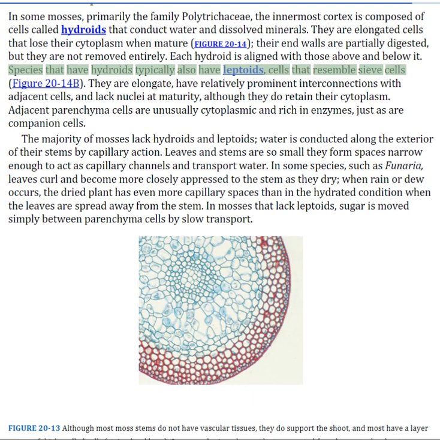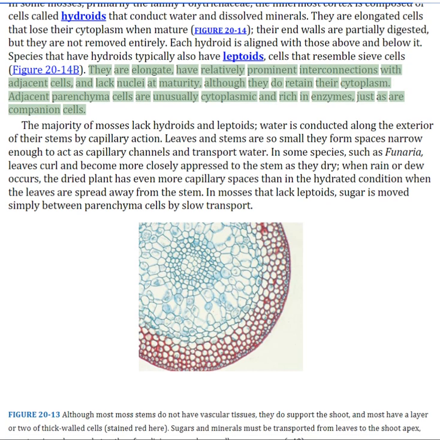Species that have hydroids typically also have leptoids, cells that resemble sieve cells. They are elongate, have relatively prominent interconnections with adjacent cells, and lack nuclei at maturity, although they do retain their cytoplasm. Adjacent parenchyma cells are unusually cytoplasmic and rich in enzymes, just as are companion cells.